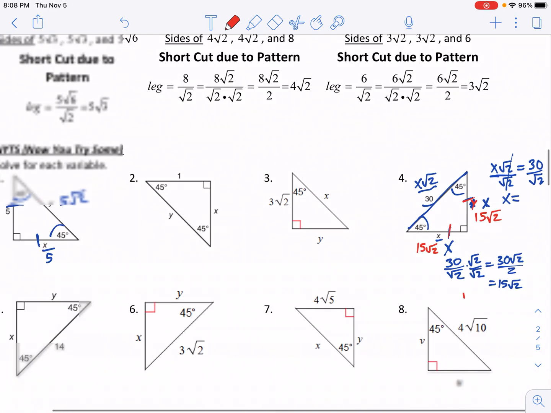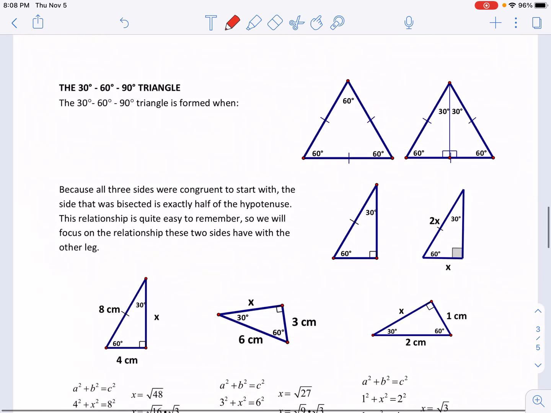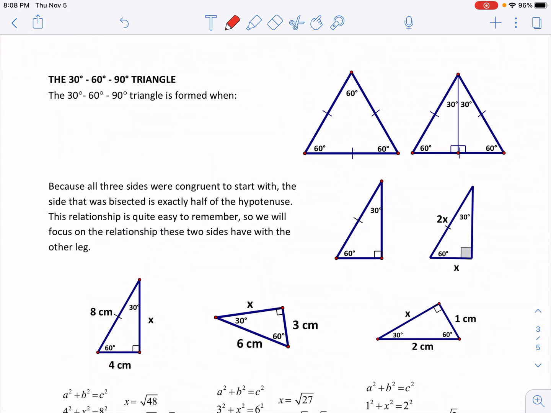Now the next triangle that we're concerned with is the 30, 60, 90 degree triangle. Now, what that takes is an equilateral or equiangular triangle in which all the measures are 60. And then we're going to extend a perpendicular bisector that forms the height of these two triangles now.